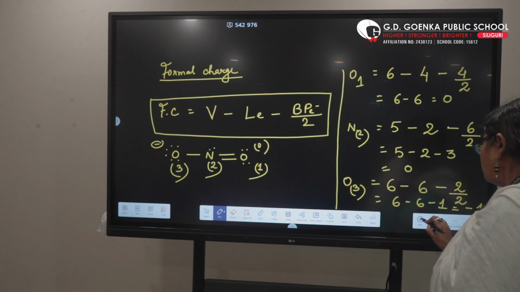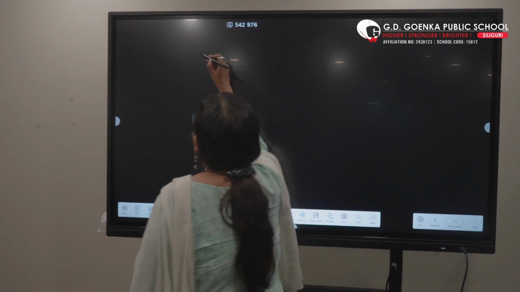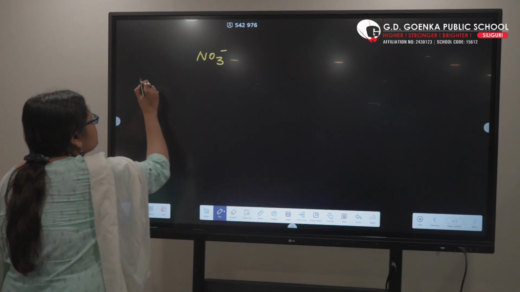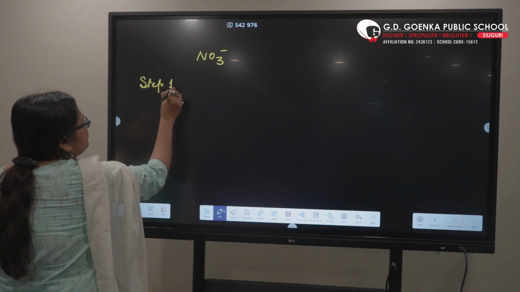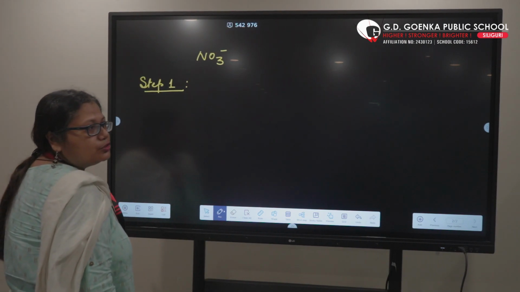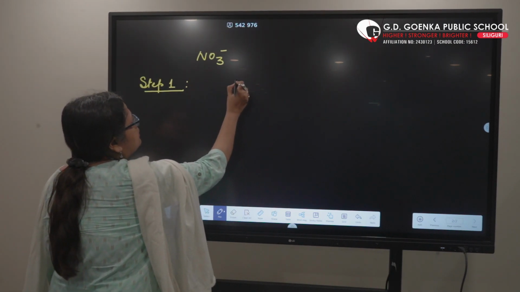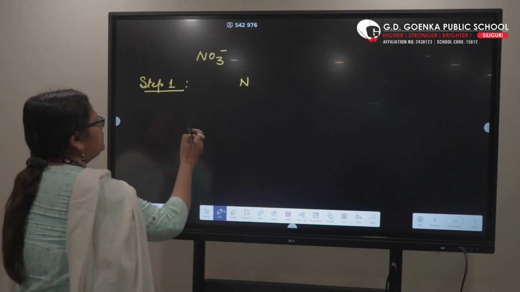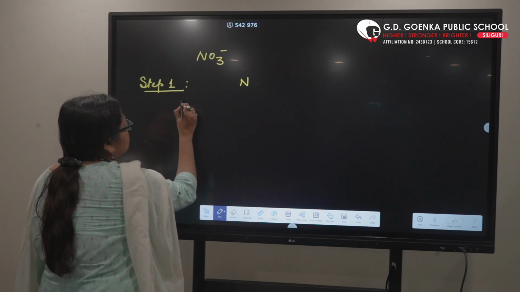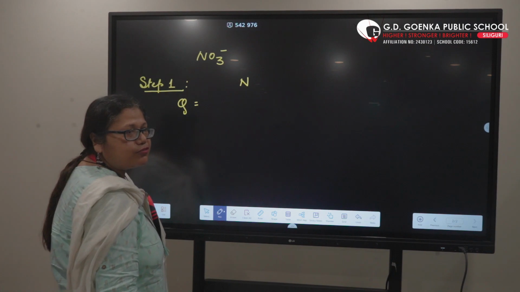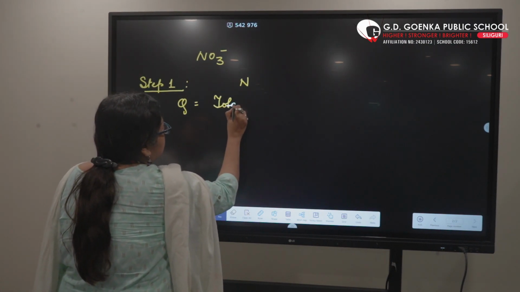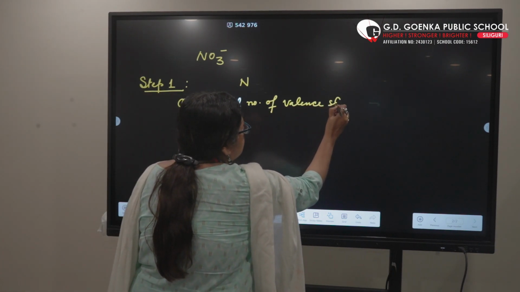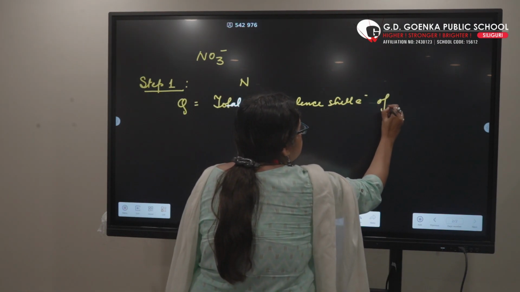So next we are going to show the nitrate ion, NO3 minus. Again, step 1, choose the central atom. What is our central atom? Central atom is definitely nitrogen, and we can calculate along with that Q. What is Q? Total number of valence shell electrons of the species.